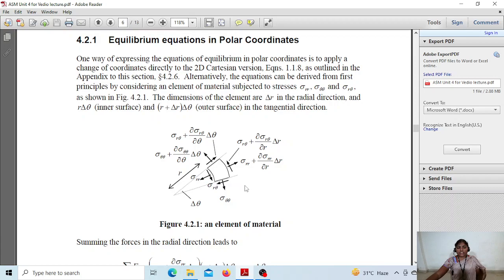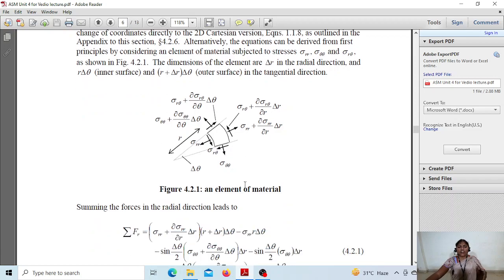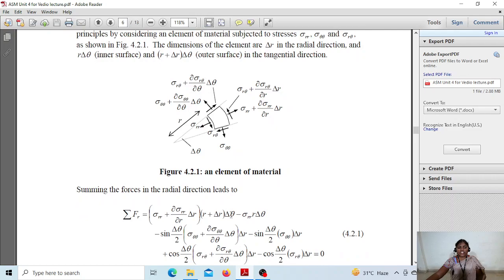These are the stresses. Now for the equilibrium equations, like x direction, y direction, z direction, here we will add the stresses in the radial direction and the tangential direction. Summing forces in the radial direction, the first force is sigma rr plus dou sigma rr by dou r into delta r.